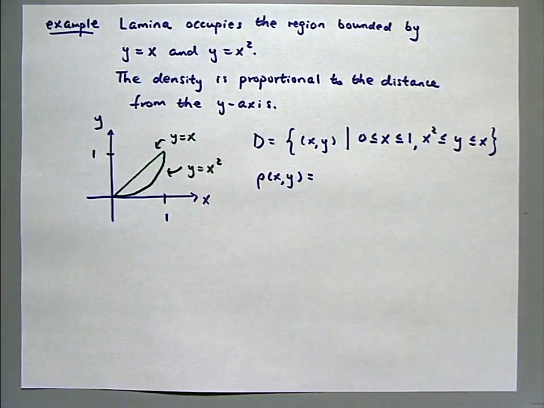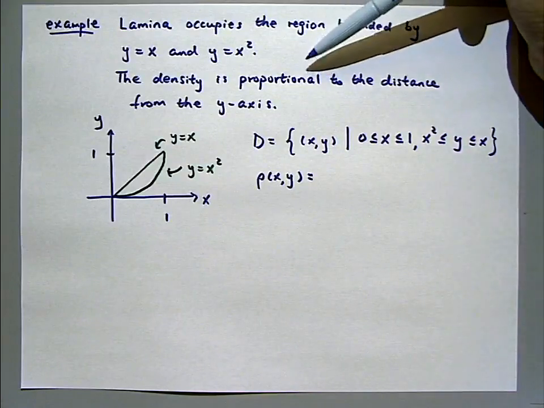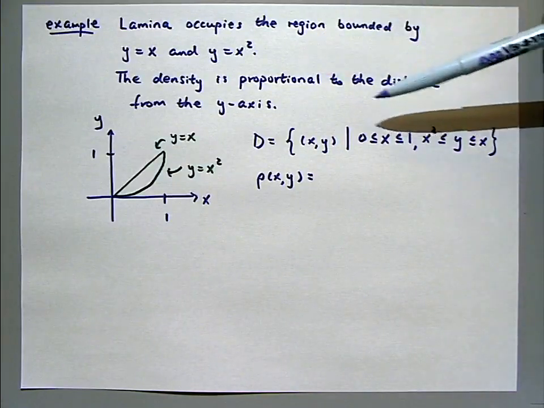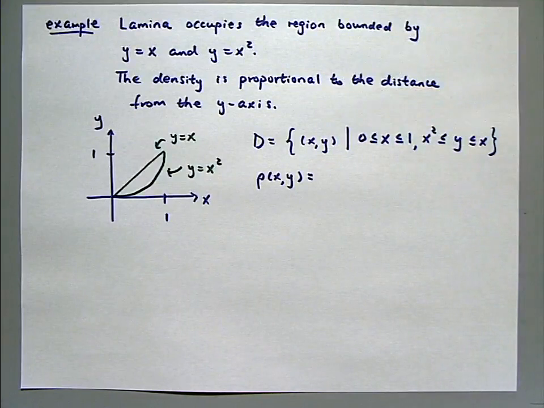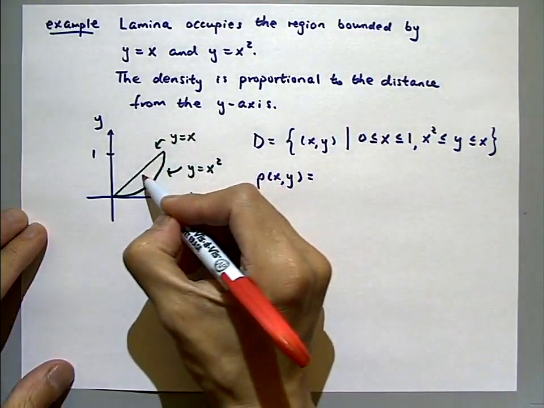Okay, so mathematically, how do we express this sentence right here? Proportional to the distance from the y-axis. K over y? Well, let's see. Here's some point, right?